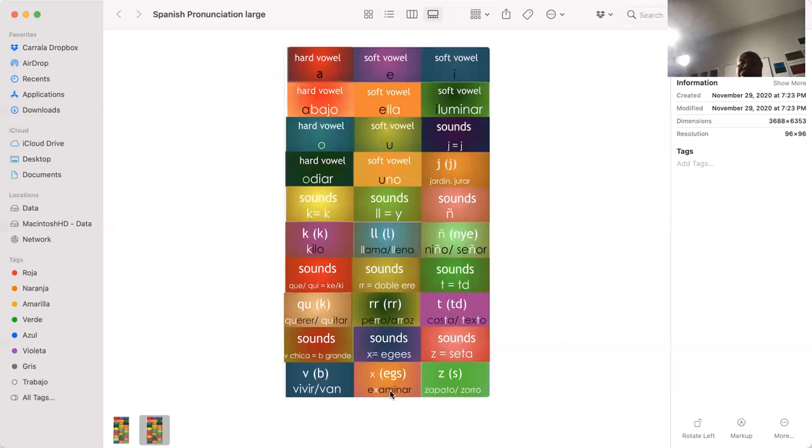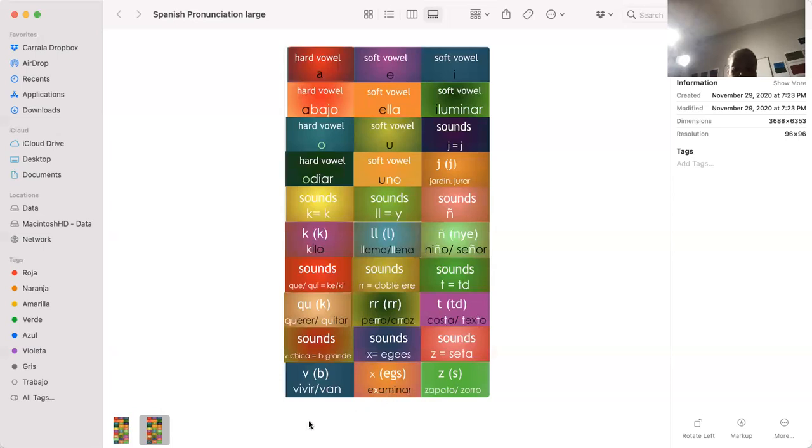But if it comes before a soft vowel, it's silent.